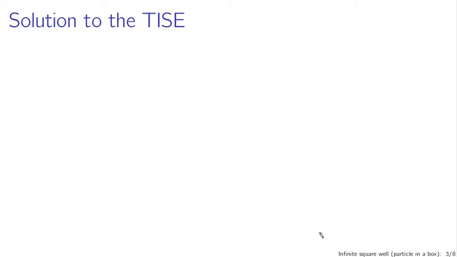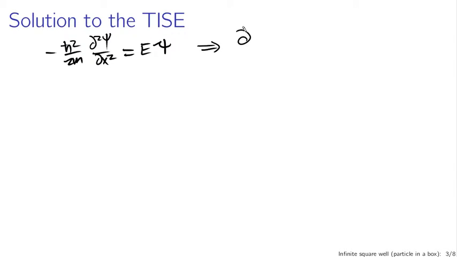So how do we solve it? Well, we had minus h bar squared over 2m times the second derivative of psi with respect to x being equal to E times psi. We can simplify that just by rearranging some constants. What we get, minus second derivative of psi with respect to x equal to minus k squared psi.